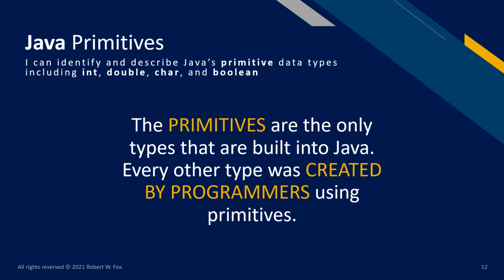It may surprise you to know that the primitives are the only data types that are built into Java. Now, that doesn't mean we can't create other types of variables, but those other types were actually created by programmers using primitives. So for example, in Java, we can make string variables, but strings aren't baked into Java. A programmer created string variables using the char primitive.